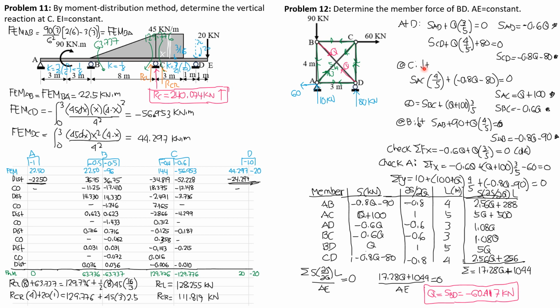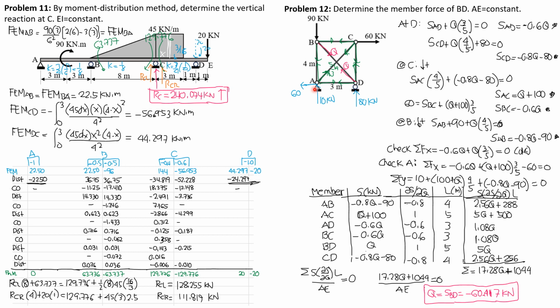Summation of forces in X: S_BC, remember S_BC is negative 0.6 Q, plus the horizontal component of Q, Q times 3/5, adding equals 0. So it checks.